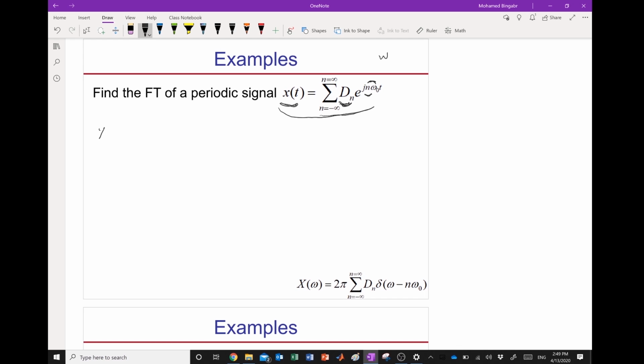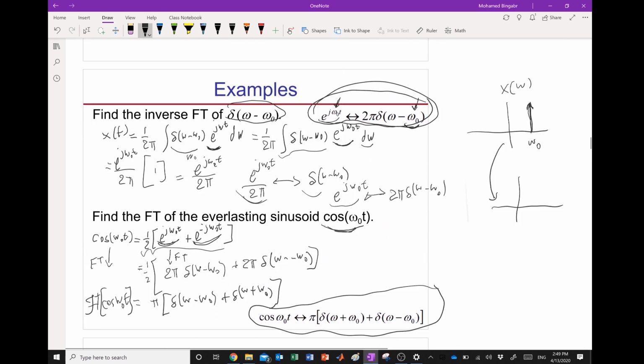No problem. Apply the definition. So X(ω) will be the Fourier transform of the signal. A summation is a summation, so it will come out. Dn is a constant. Here, this is your function, e^{jnω0 t}. This is the function that we need to find the Fourier transform of. That's not a problem because we already did.